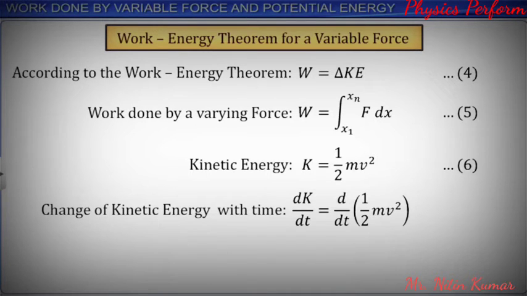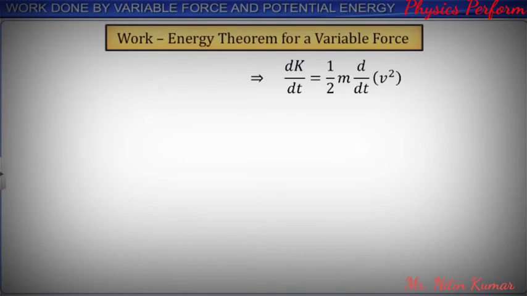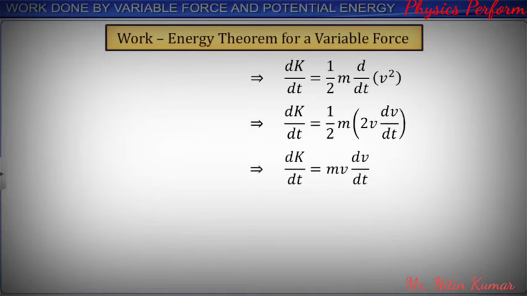Thus, on simplification, we get dK by dt is equal to half m d by dt of v square. On further simplifying, we get dK by dt is equal to half m into 2v dv by dt. Thus, dK by dt is equal to mv dv by dt.